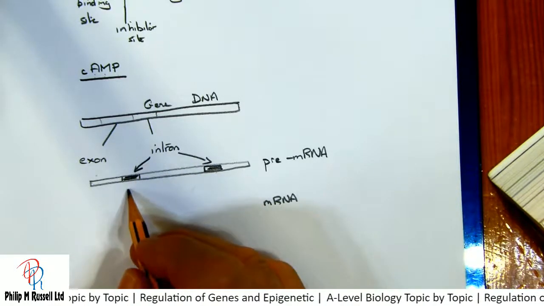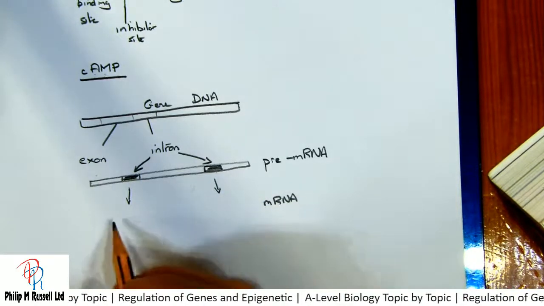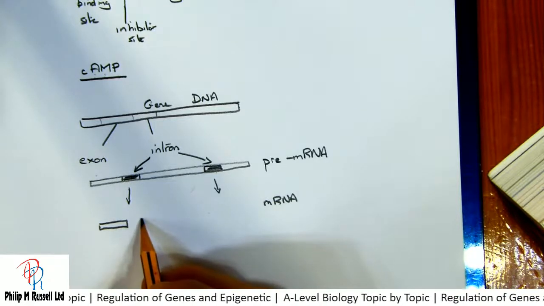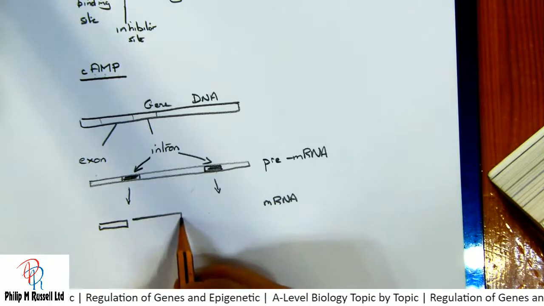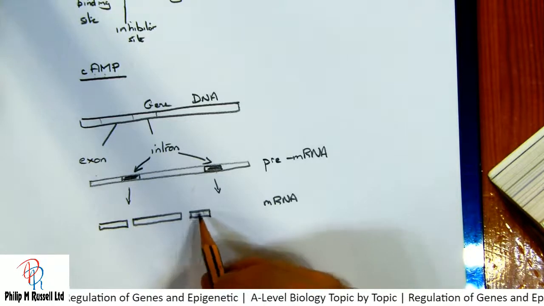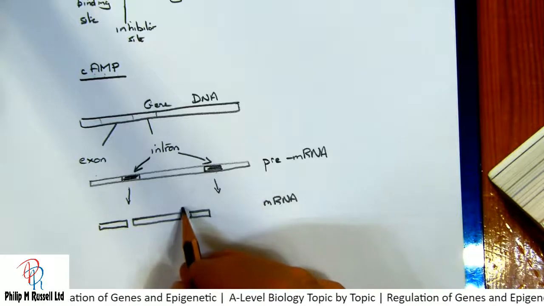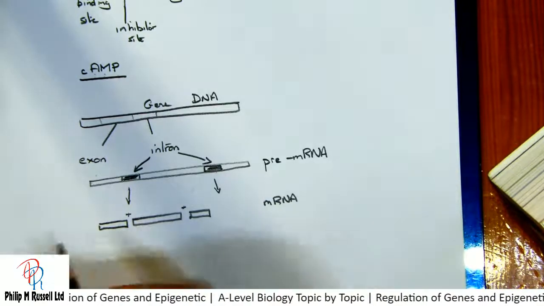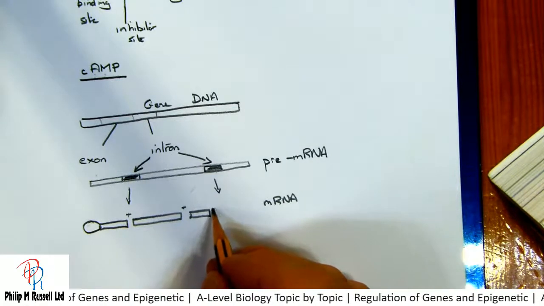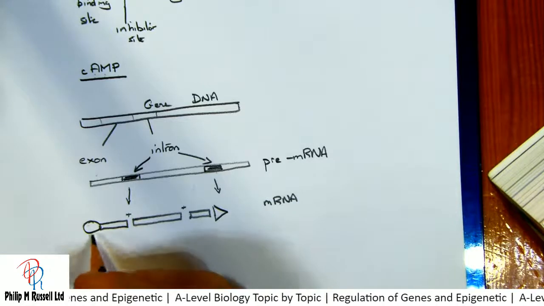Basically, these need to be excised from the mRNA so that these other bits can then be joined together to make the mRNA, and these then fuse together, and we find that at either end we've got other bits and pieces.